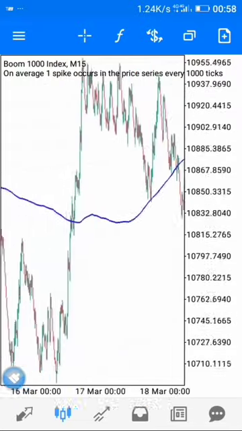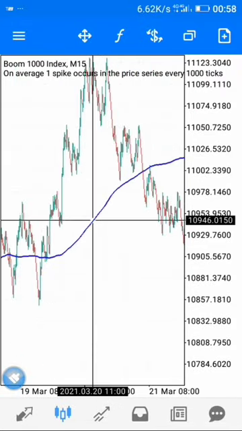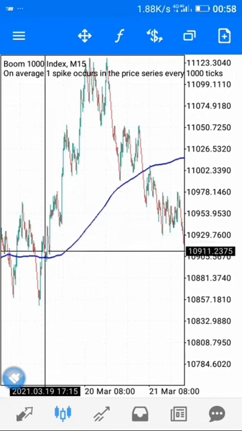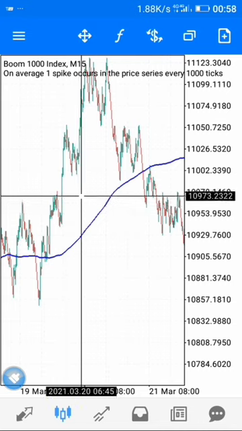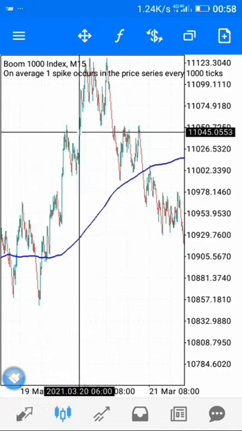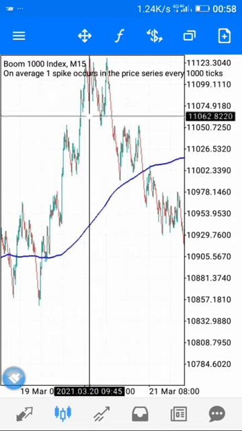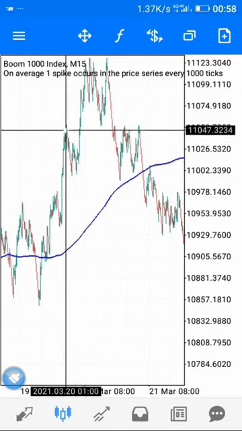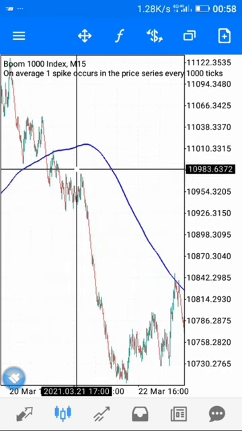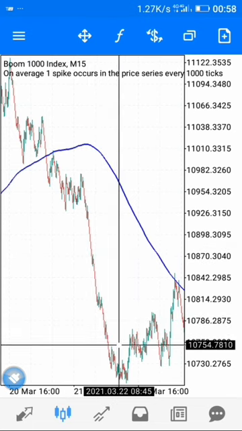Now this is Boom 1000 on the 15 minutes chart. See, the market is above the moving average, and you can see a series of spikes, a series of green candles. And here it is below, and you can see more red candles indicating sales.